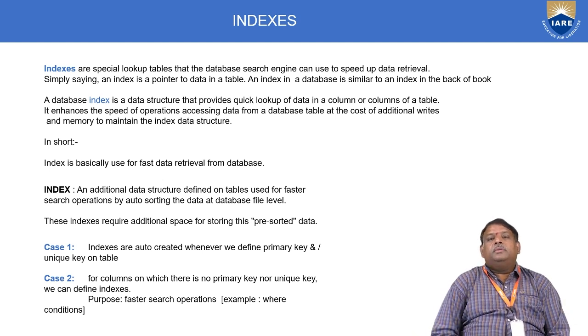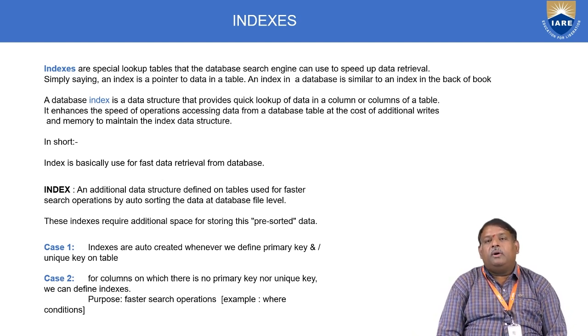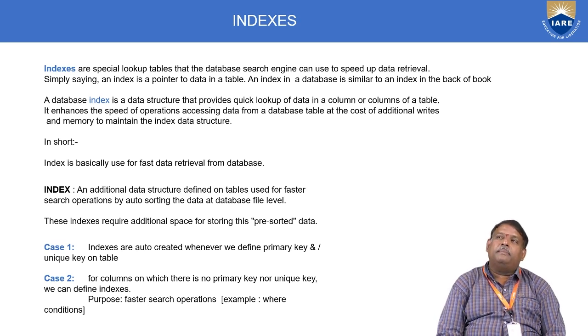Case 2: for columns on which there is no primary key or unique key, you can define indexes. Purpose: faster search operations, for example, where conditions. Suppose you use a where condition on a column called age, and age has neither a unique constraint nor a primary key.